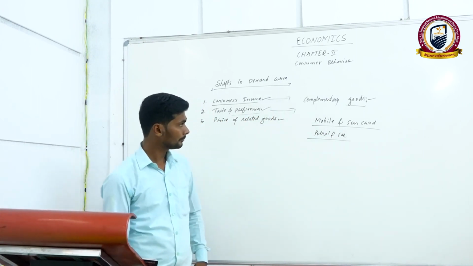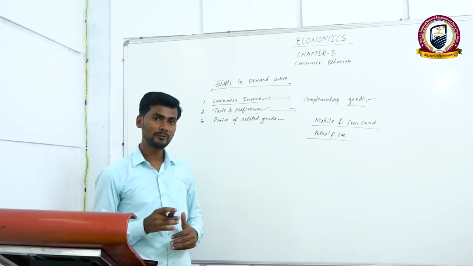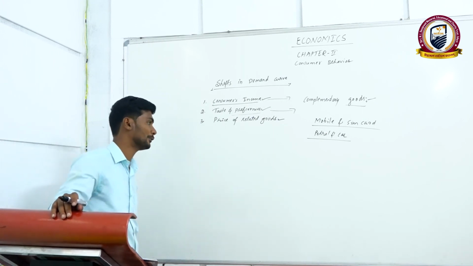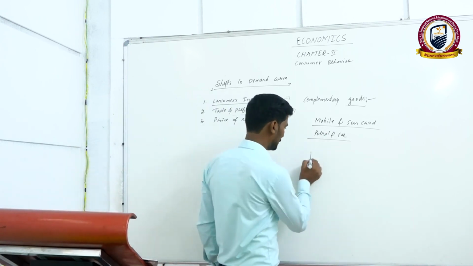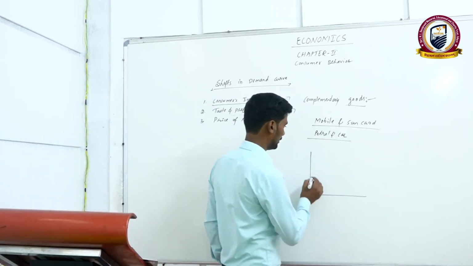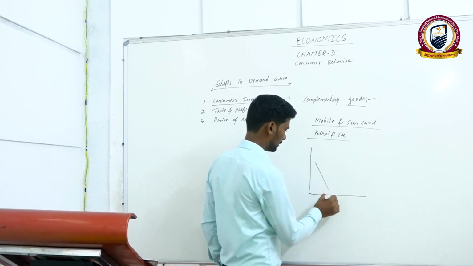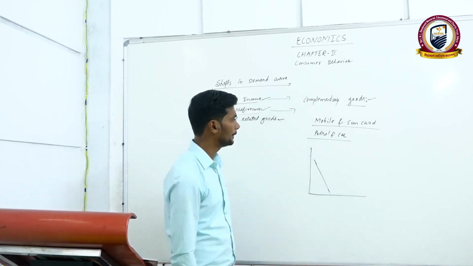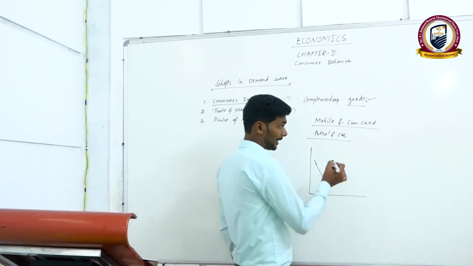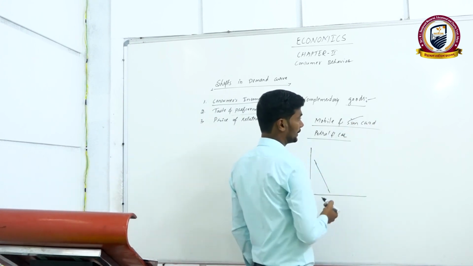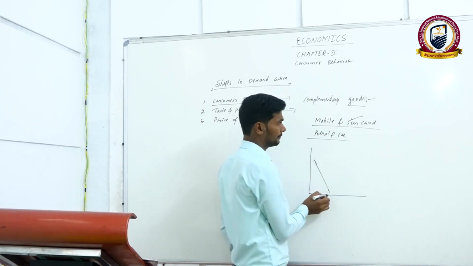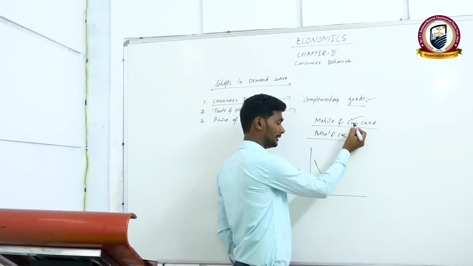Now, complementary good will shift the demand curve. How? I will show you how. So this is the initial demand for mobile. Now, the price of SIM card increases. So this was the initial demand. The price of SIM card increased.